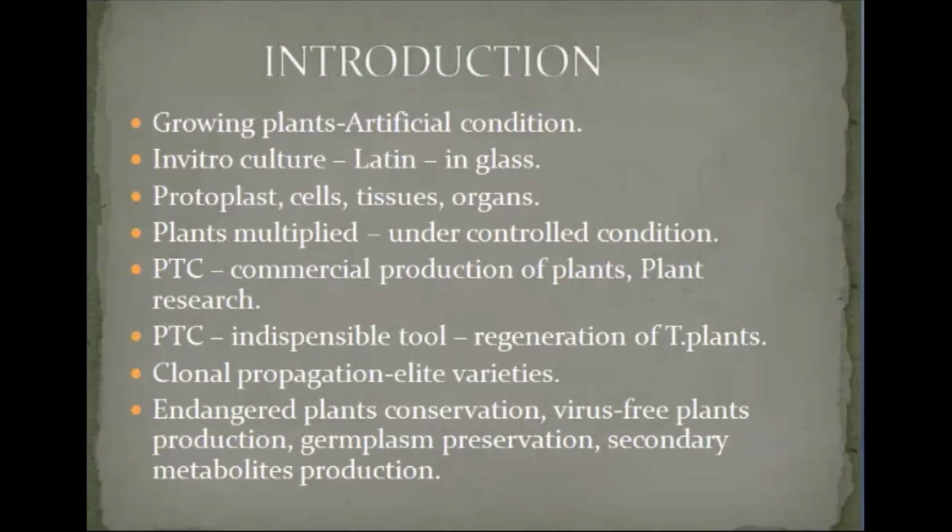Okay, they won't preserve the entire seed, they just remove the embryo from the seed, and that embryo can be preserved by plant tissue culture, and the embryo can be used to multiply or produce the entire plant. Okay, so because we know that the seed coat gives protection to the seed, or to the embryo, and the cotyledon is involved in the nourishment process. So by simply removing the seed coat and the cotyledons, they are preserving the embryo, which has a certain genetic setup. Okay, so that is used for the preservation of germplasm.